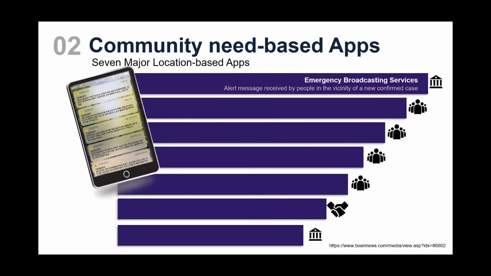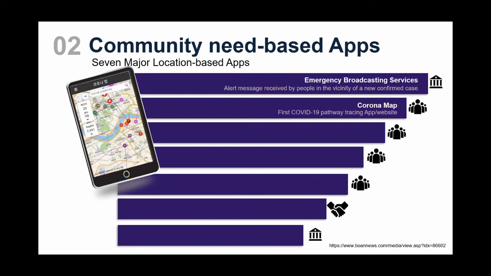First, we have the emergency broadcasting service, in which local government sends messages to people living in the nearby vicinity of a new confirmed case.